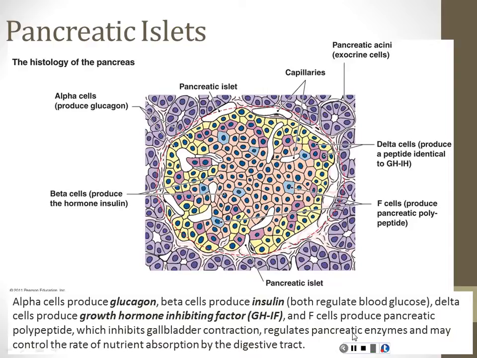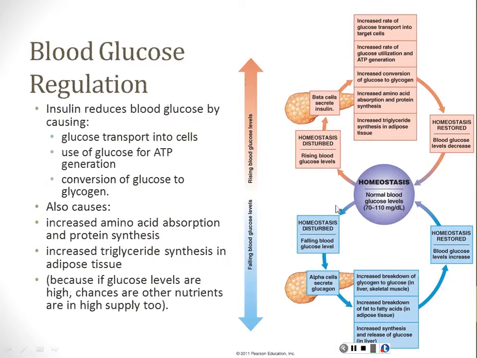And then the pancreatic polypeptide is the new one on the block, relatively recently discovered, and it controls some digestive system function, and it's more of a digestive tract hormone than an endocrine system hormone. So we'll talk about blood glucose next time.